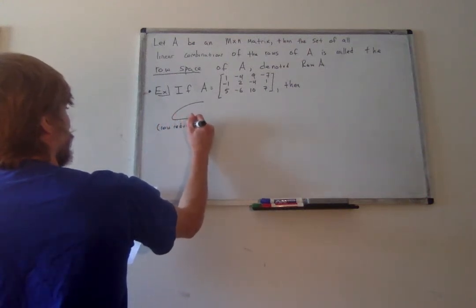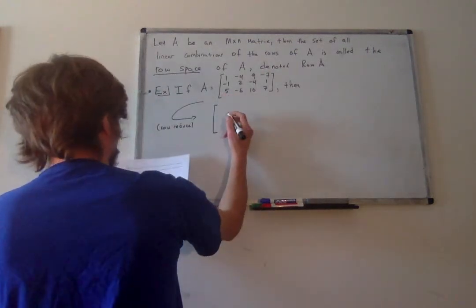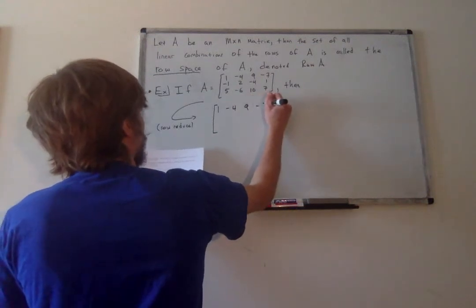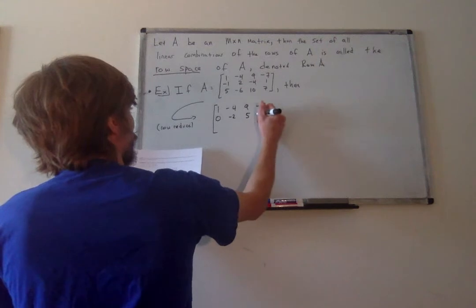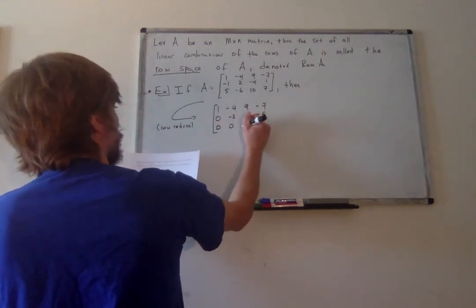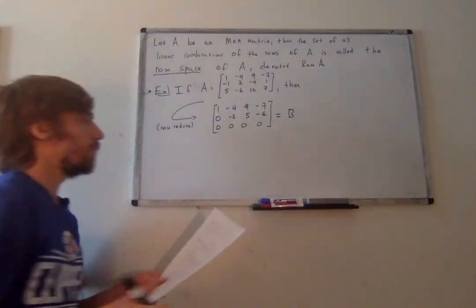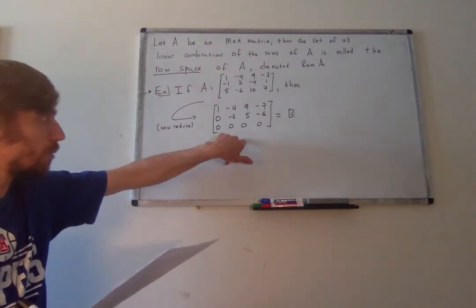I will leave the row reducing as an exercise. I've also got the steps in the solutions in the worksheet, so if you want to see those, I will post those at some point. But after row reducing, this is the row reduced matrix I got, which, following theorem 13, would be the matrix B in theorem 13.